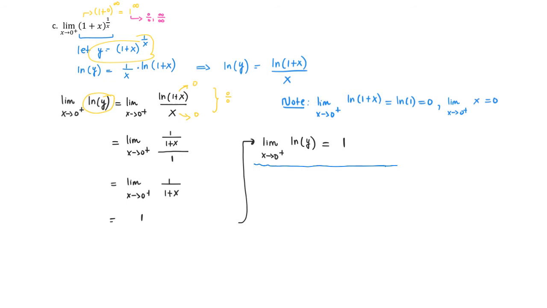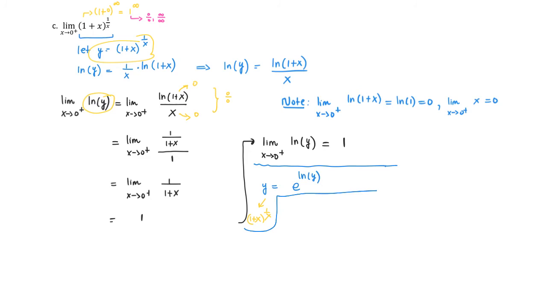I want you to remember that indeed, y can be re-expressed as e to the natural log of y. And again, y is representing 1 plus x to the 1 over x. But the key here is that I can rewrite y as e to the natural log of y. So then I can continue my analysis like this.